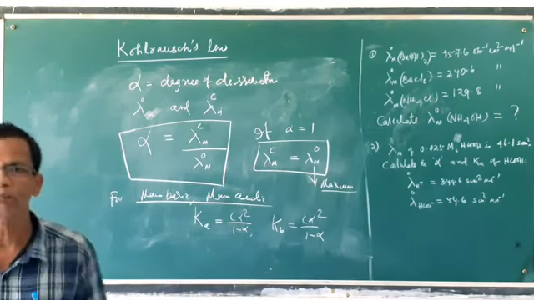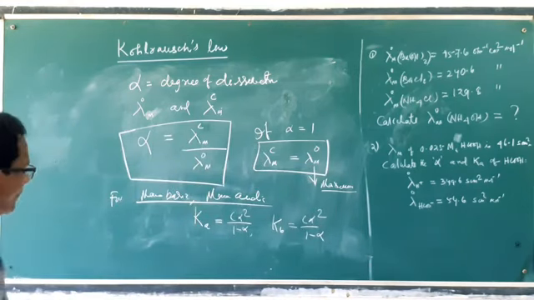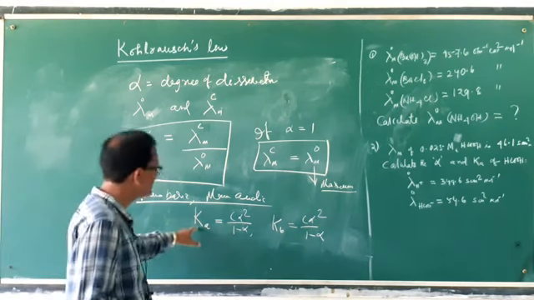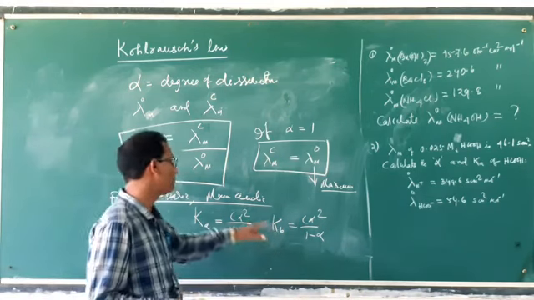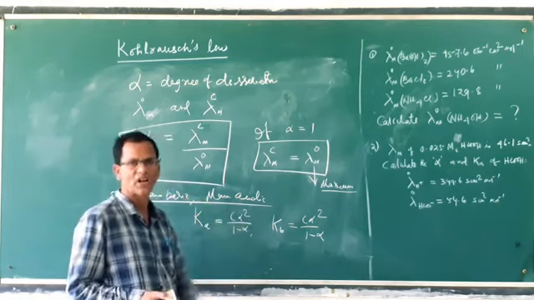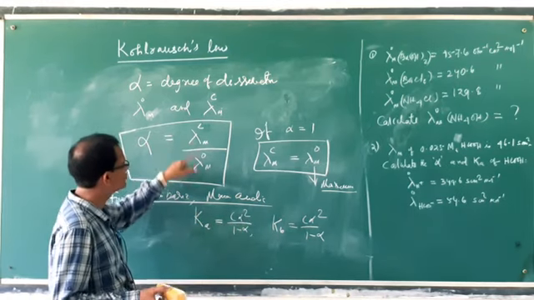This formula is also very important in calculating the dissociation constant of acid or base after knowing the alpha value. Alpha can be calculated if these two values are known.